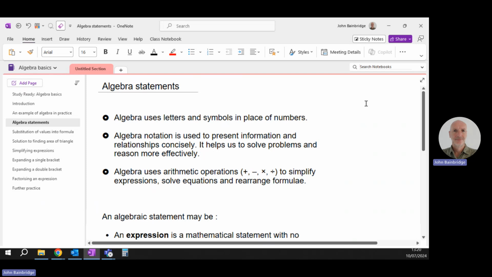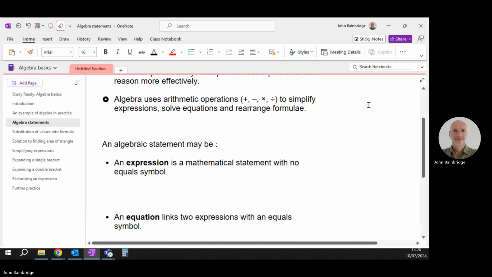When we're dealing with algebraic symbols, numbers, letters and symbols, we're using arithmetical operations just like we do with numbers, plus, minus, multiply and division, to simplify expressions, solve equations, and rearrange formula.